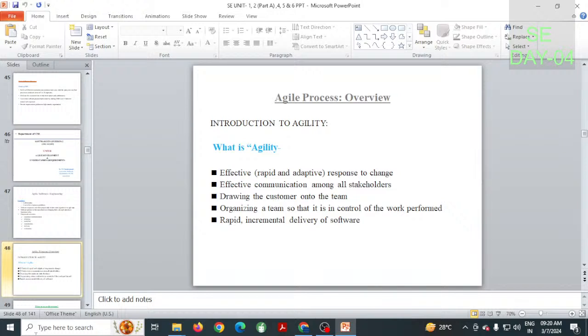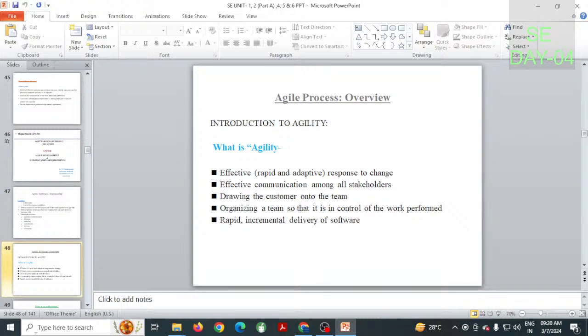And agility means providing effective communication among all stakeholders present in that particular process model.